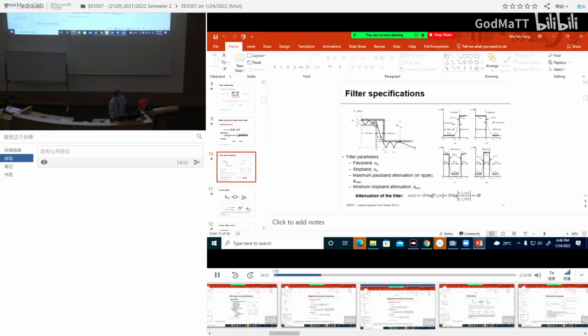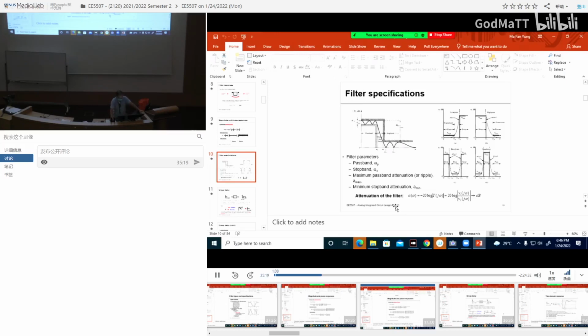You cannot have a vertical transition, because in order to have a vertical transition from pass band to stop band, your filter will be very, very high order, very complicated. So there will be a transition. This is the transition band.